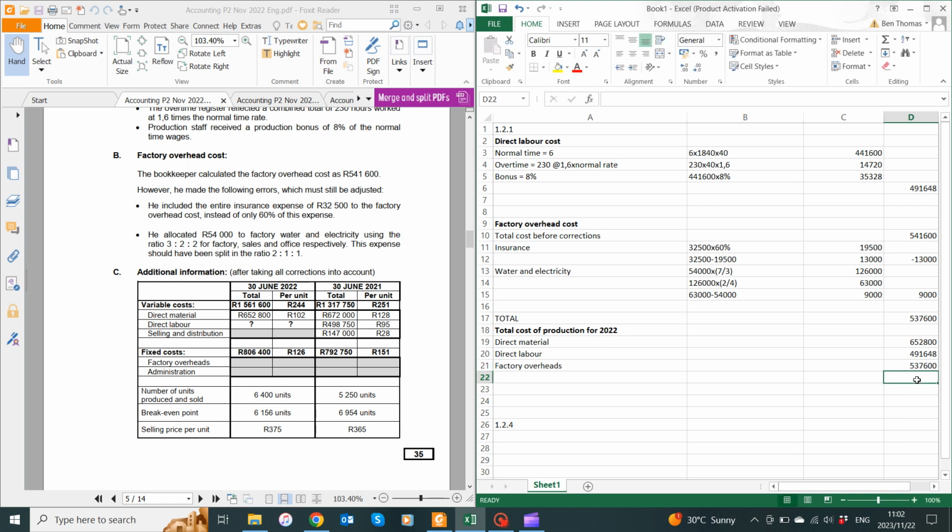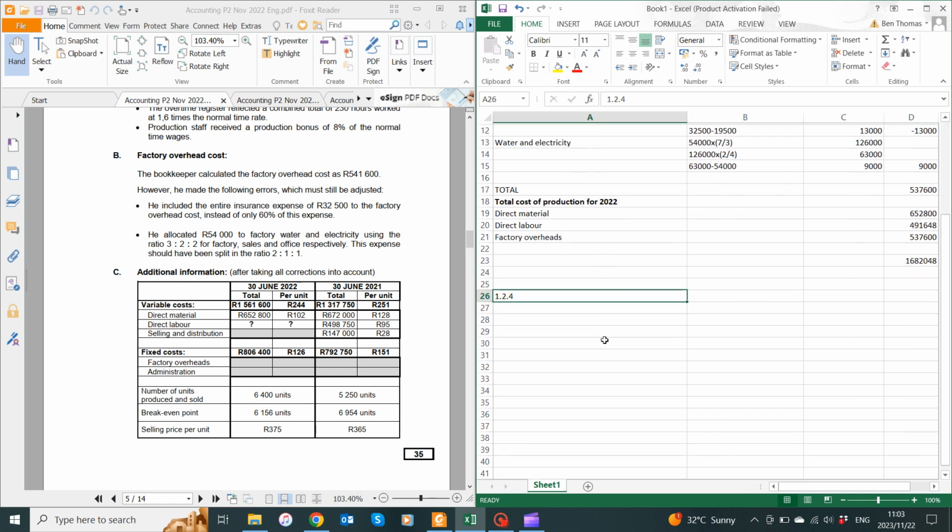Now I want you guys to remember, regardless of whether you think you're correct or not, if you made a mistake or if you didn't, doesn't matter, use the amounts that you calculated in the previous questions because it's worth marks. So what's our total cost of production? It's going to be these three items together, which gives us 1,682,048. Okay, and that is 1.2.1 done.